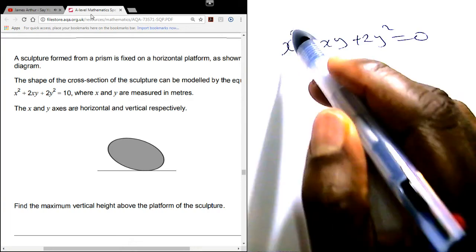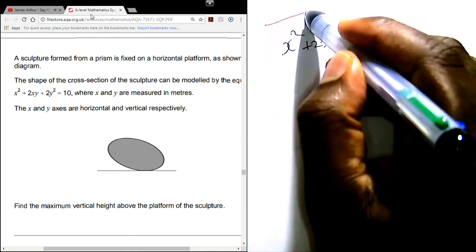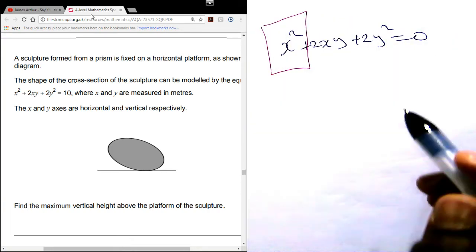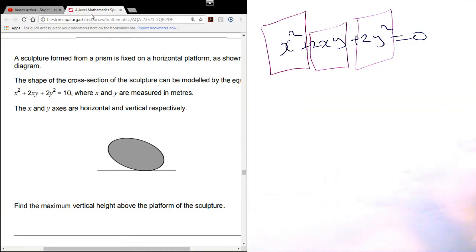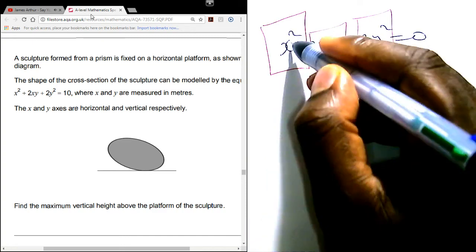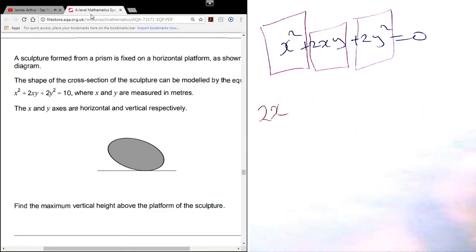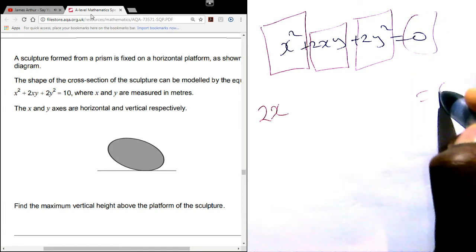So we can break it into what they are. I can differentiate that easily, I can differentiate that easily, and I can use product rule for this one. If I differentiate x squared, I would usually just get 2x. If I differentiate this one, of course it's just 0.